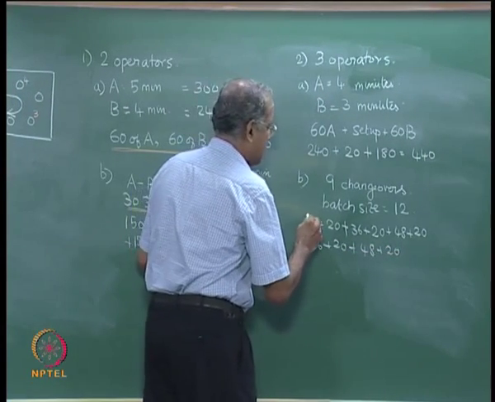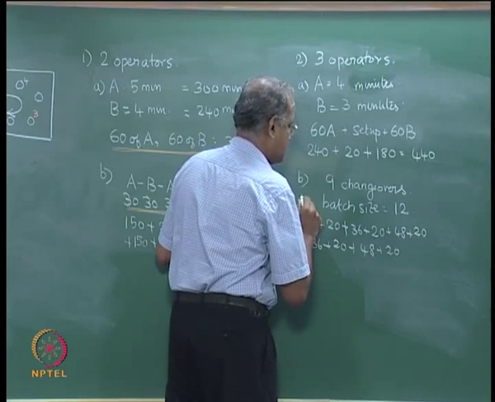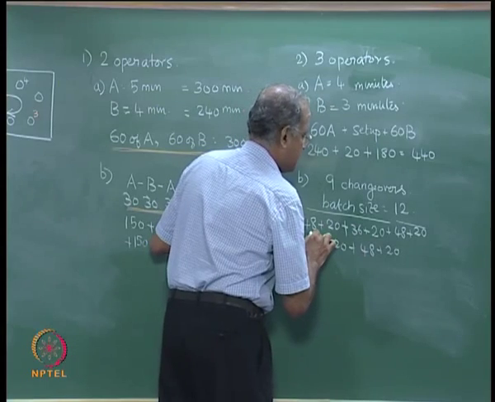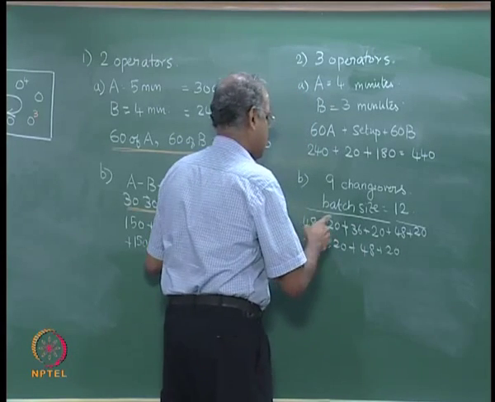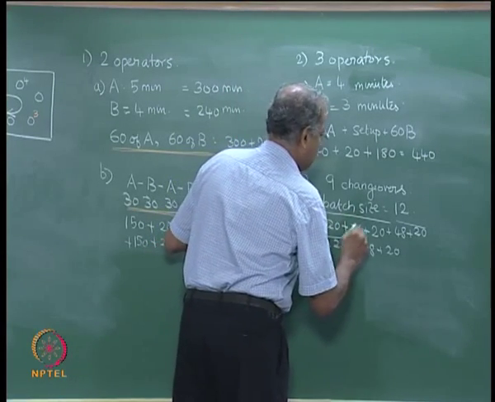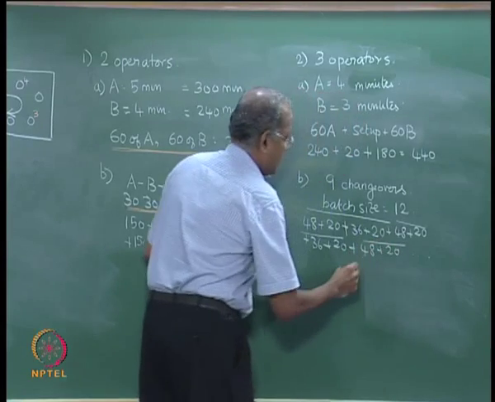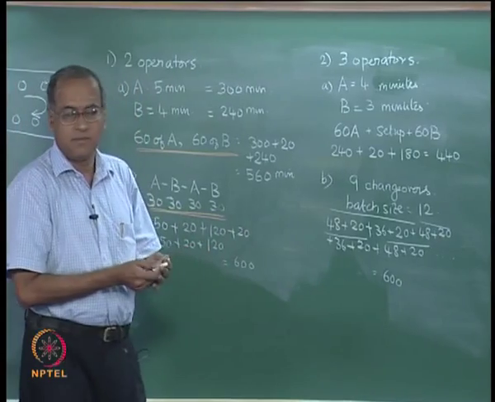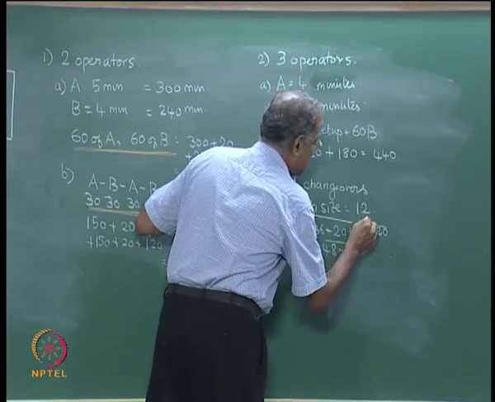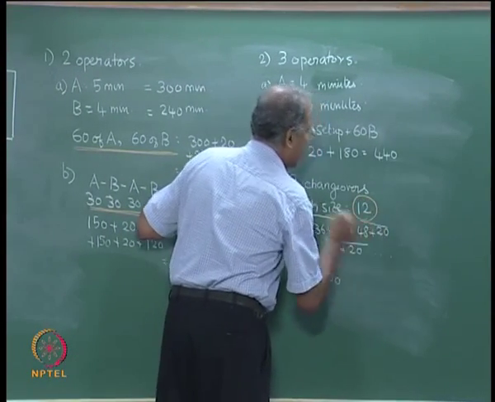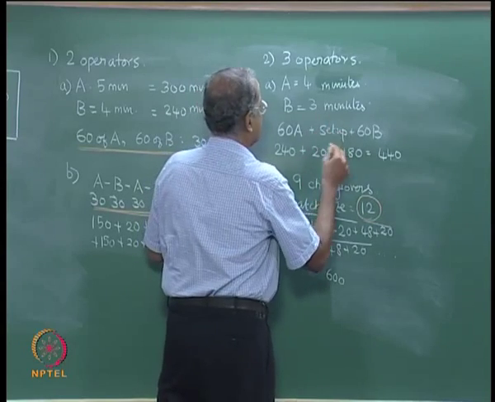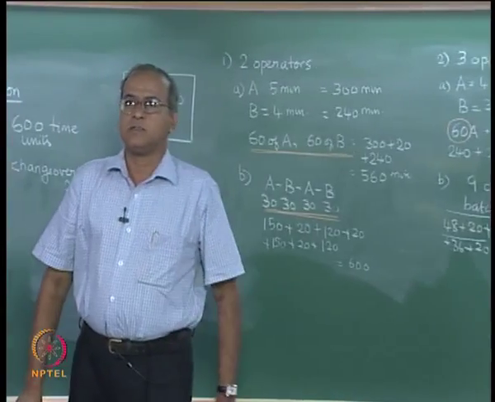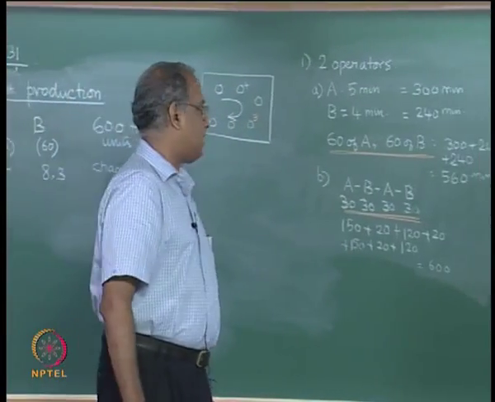So, this is the first batch, this is the second batch, this is the third batch, like that 5 batches are there and the total time will be 600. The most important thing is the batch size has come to 12 as against a batch size of 60 in this case. So, the batch size would become 12.